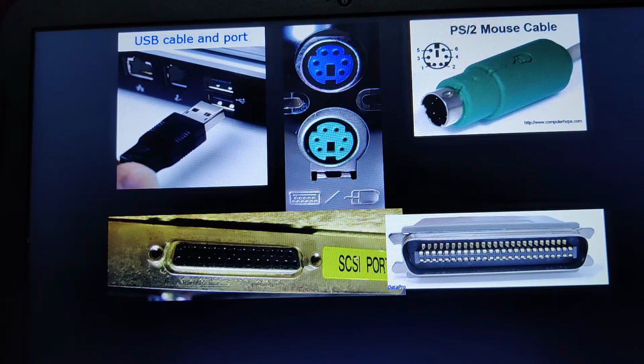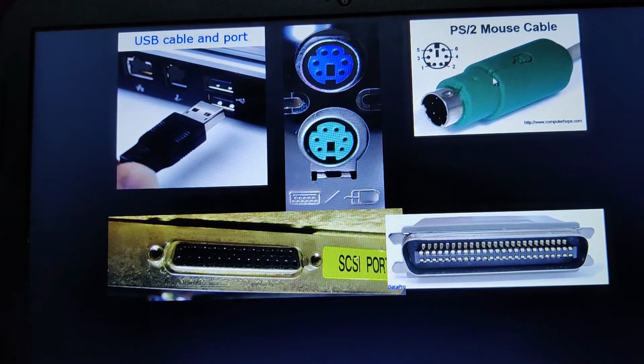USB actually stands for universal serial bus, and it helps you connect almost 127 different devices. This symbol itself shows that it is a USB port. This is the port where you connect your pen drive, or the dongle, different kinds of external devices.